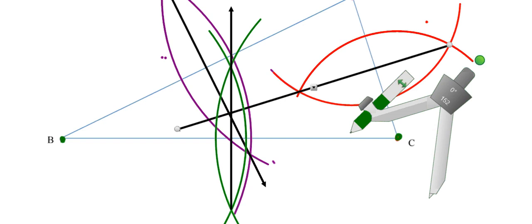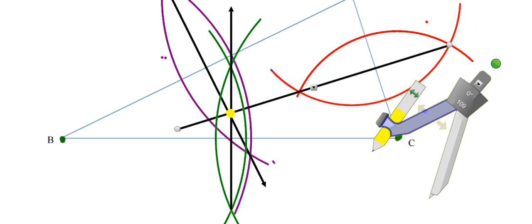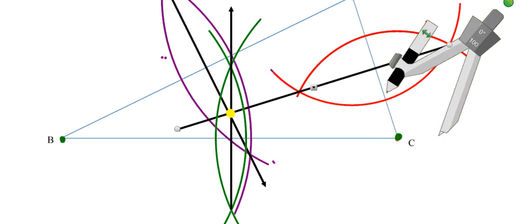And notice that just like the centroid, or just like the medians, the 3 perpendicular bisectors of a triangle intersect at one point. We have a name for that. The name of the point where our 3 perpendicular bisectors intersect is called the circumcenter. The circumcenter has some really super neat and unique properties.